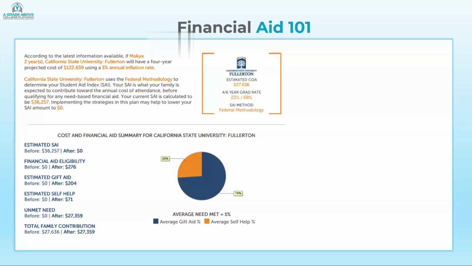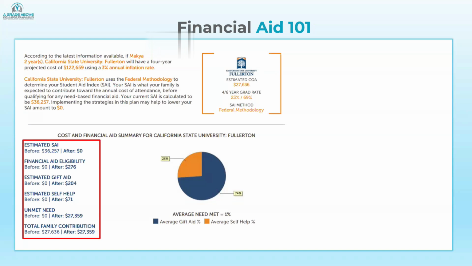Think about that. But also, here's where I really want you to focus your attention. You look in this red box here on the very left, at the bottom left hand, there's a lot of numbers over there. So if you're new to the financial aid world, you're going to hear a lot of acronyms as you're going through the whole college planning process. SAI, Student Aid Index, formerly known as EFC.